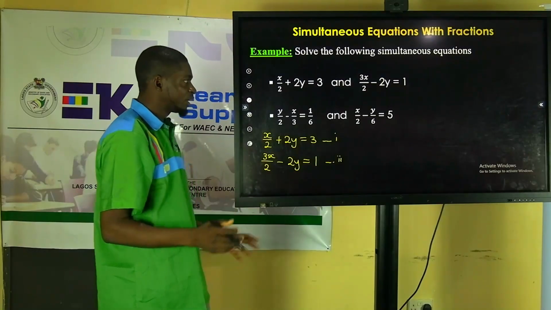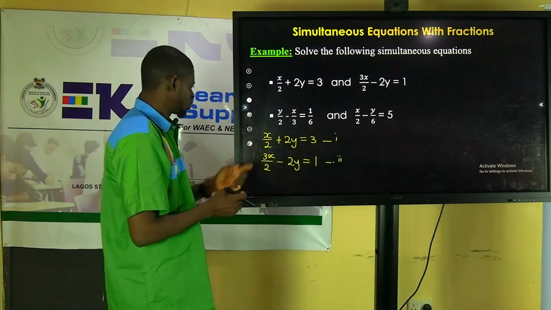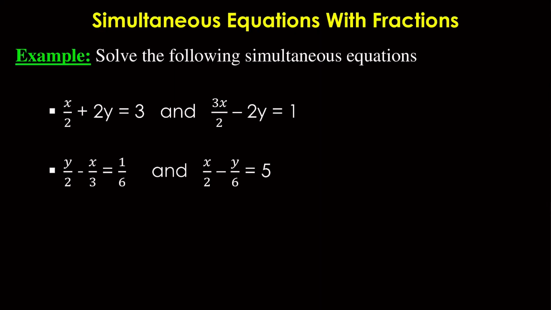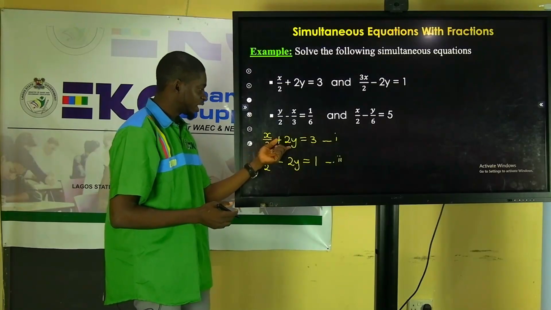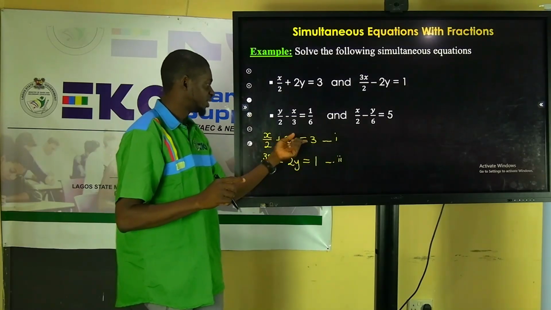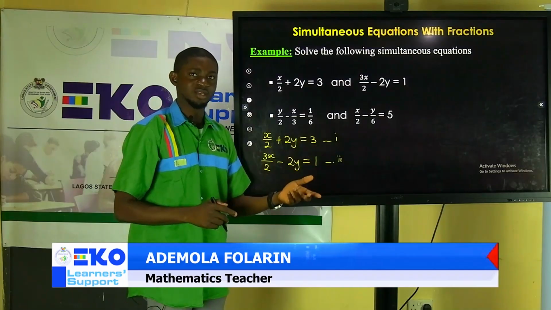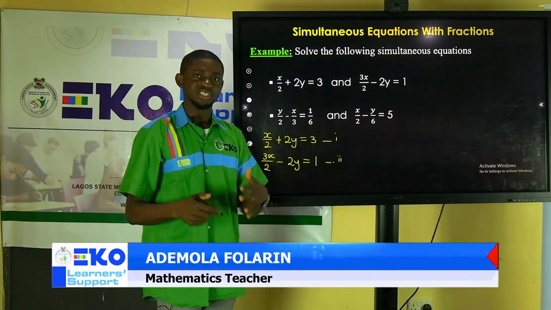To minimize our time, look at equation number 1 and equation 2. The denominator here is 2. Here, the denominator is 1. Here, the denominator is 1. So when you find the LCM of 2 and 1, the LCM will still give you 2.